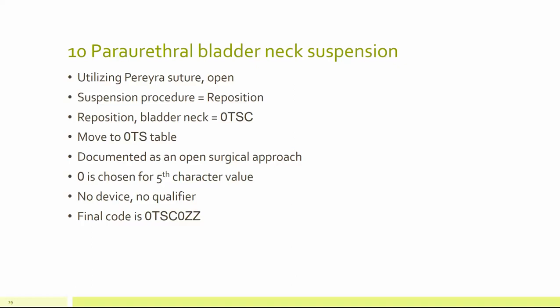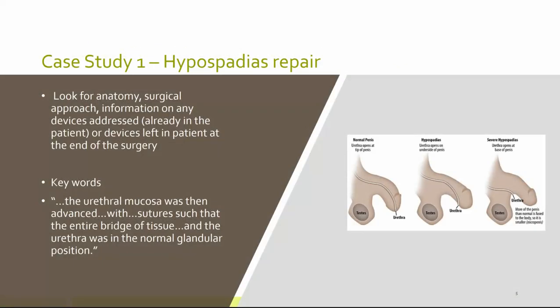Moving on to the case studies. The first one, the physician documentation of preoperative and postoperative diagnosis are the same. It's a granular hypospadiasis. This 11-month-old child is coming in for a surgery to correct this condition. It helps if you understand what this condition is.